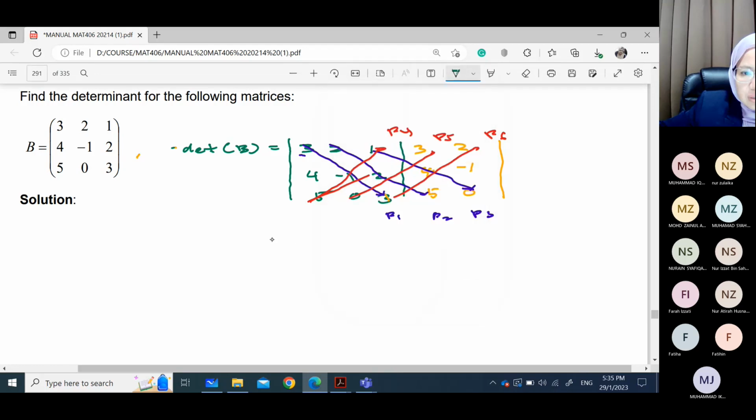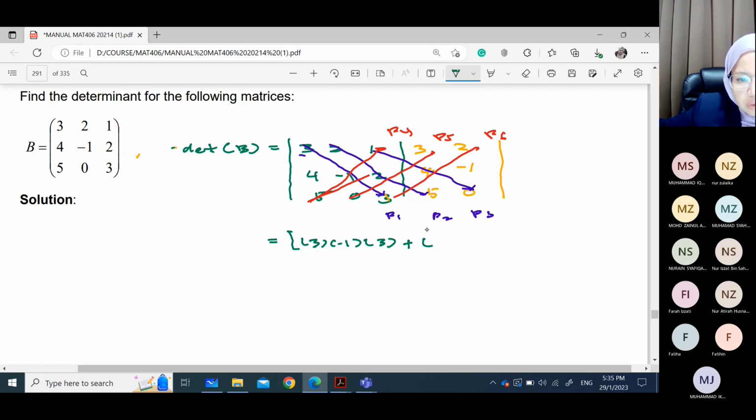Okay? Right. Okay. This one. Sama juga dengan. Okay, so this one 3 times negative 1 times 3, and then plus with P2.